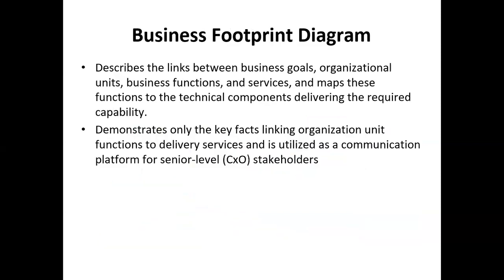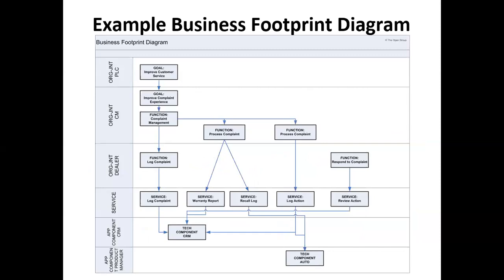Next one. Business footprint diagram. Any idea what a business footprint diagram is about? It describes the different links between the... I don't know how to phrase it. I'll tell you this one.